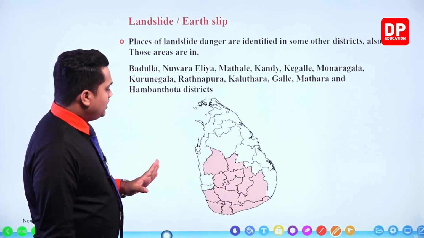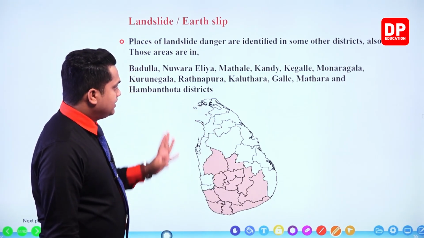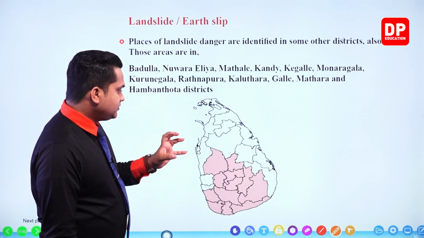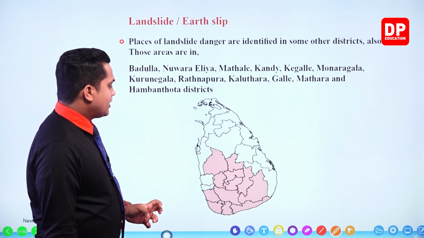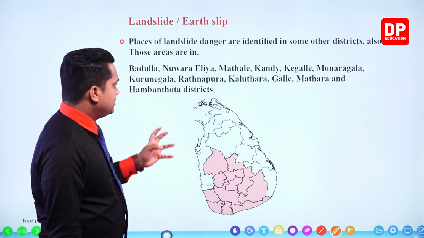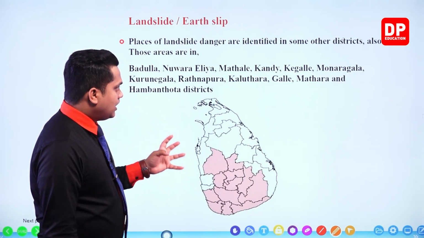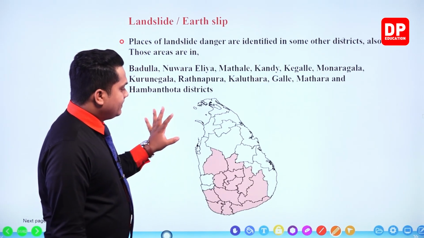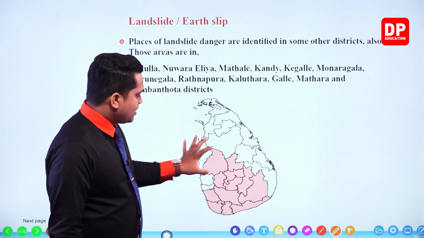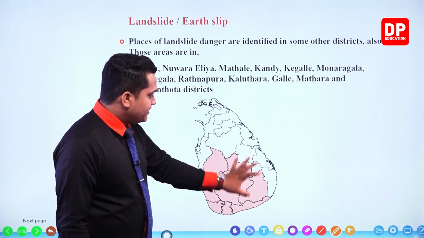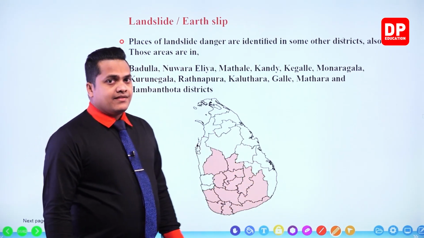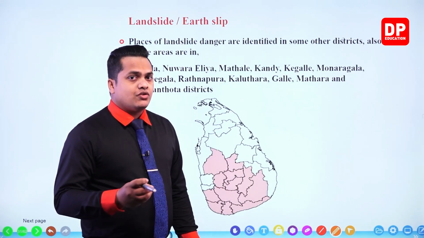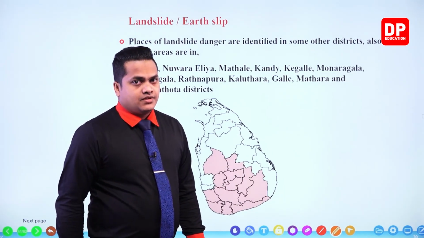Badulla, Nuwara Eliya, Matale, Kegalle, Monaragala, Kurunegala, Ratnapura, Kalutara, Galle, Matara and Hambantota, these areas which are colored within the given figure, my dear children, face the danger of landslides.